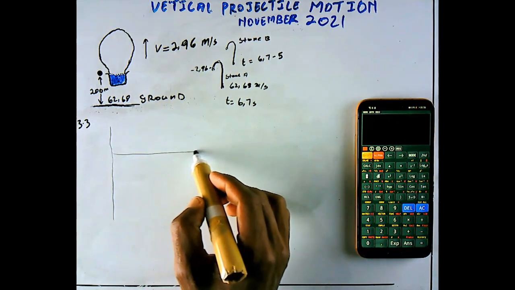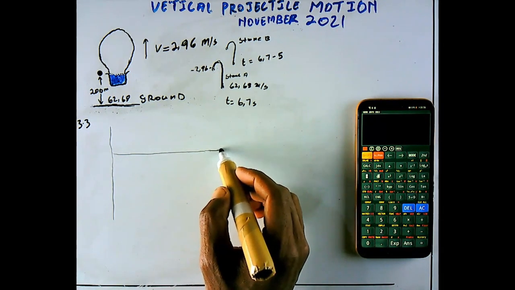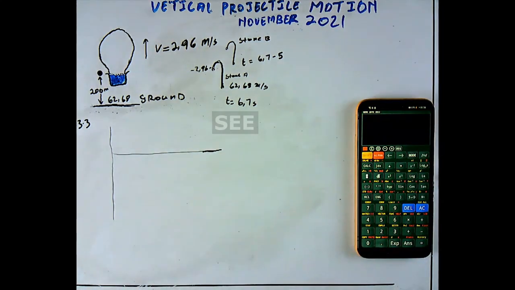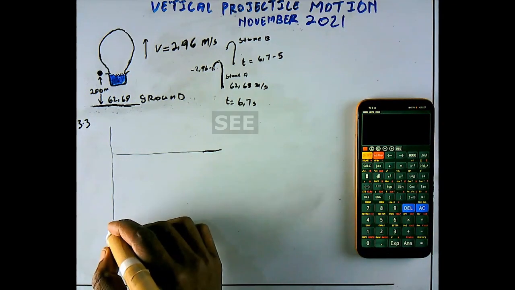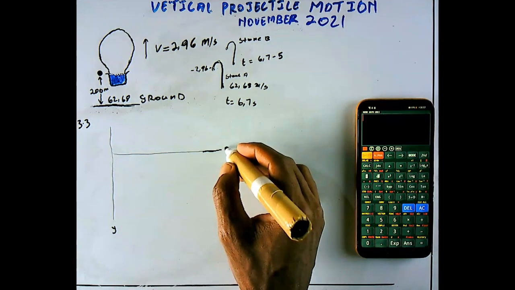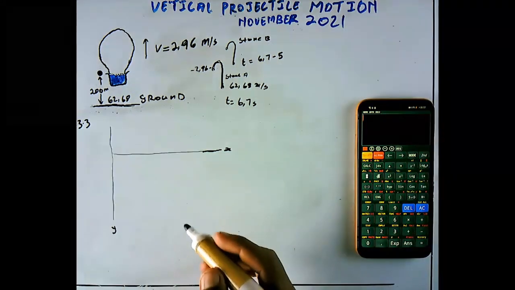Because if you remember, we used positive as downward motion and negative as upward motion. So our graph is going to be on the negative side of the y-axis. This is y, this is x. So this side is negative, this one is positive.